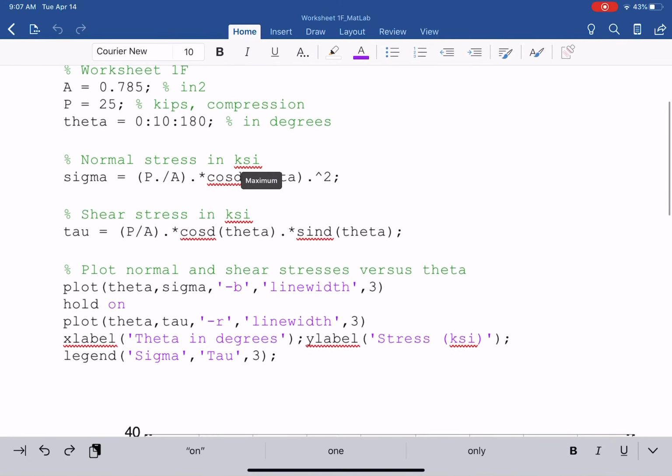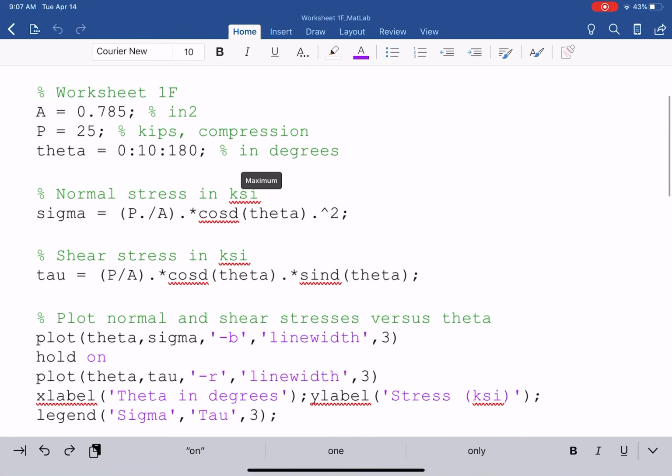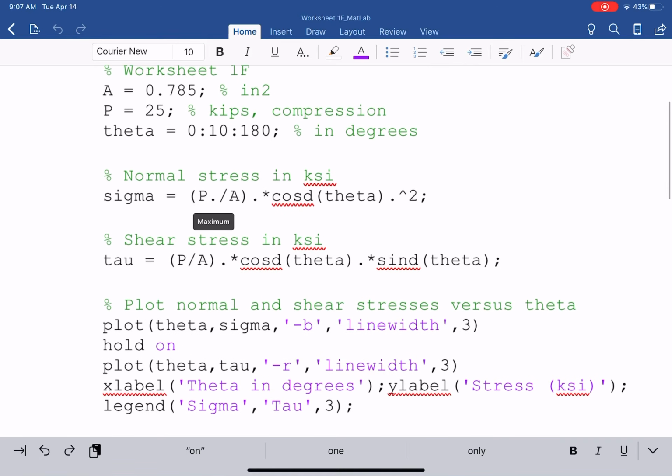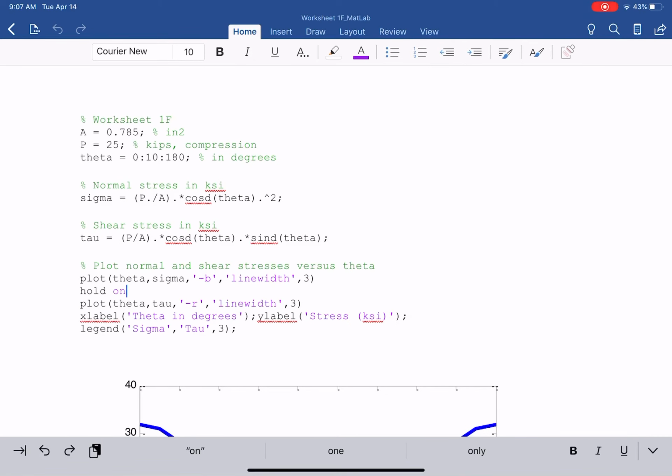Keep in mind, in MATLAB we can use the angle theta in degrees. With that, you can use cosd, as you can see here, or sind, if you want to use degrees without converting the angle into radians.